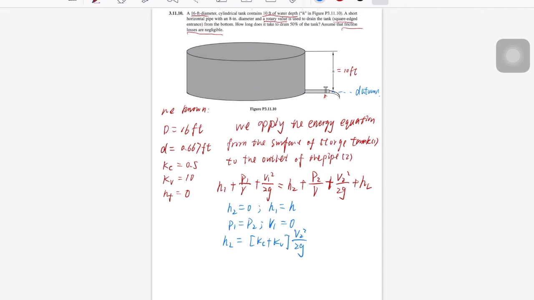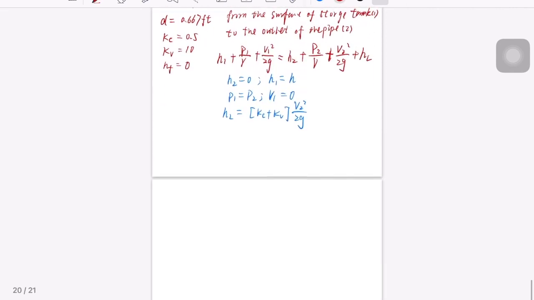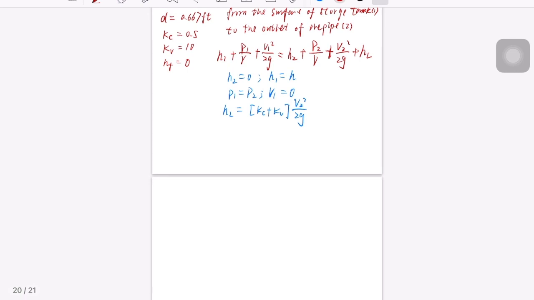So now the energy equation can be written as H equals V2 square over 2g times 1 plus Kc plus Kv. We will rearrange this equation.